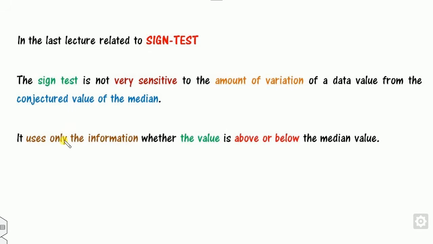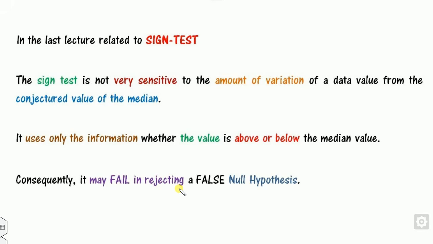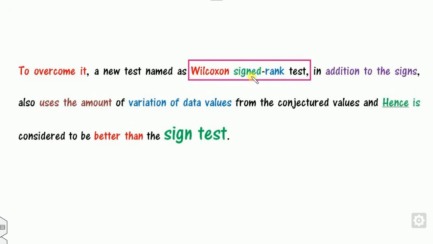It only uses whether the numbers are positive or negative, that is, above and below. Consequently it may fail to reject the null hypothesis H0. To overcome this, Wilcoxon developed the Wilcoxon signed rank test to fill this gap.